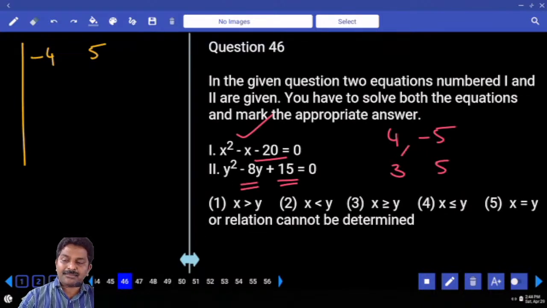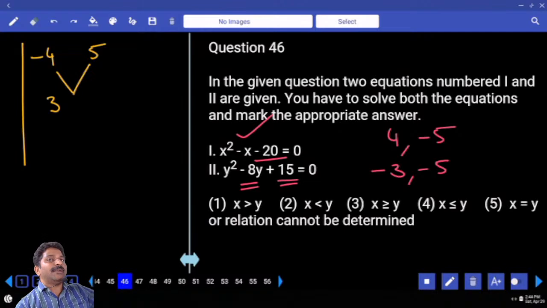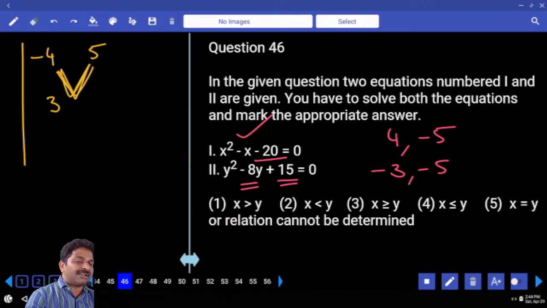Sum is a negative number. I'll take the combination as minus 3 minus 5. Then factors are plus 3. I don't need the other number. 3 lies in between minus 4 and positive 5. In the in-between condition, whenever you get this, the answer is no relation, because the lesser condition and the greater condition both are there. So the answer is relation cannot be established. Yes.